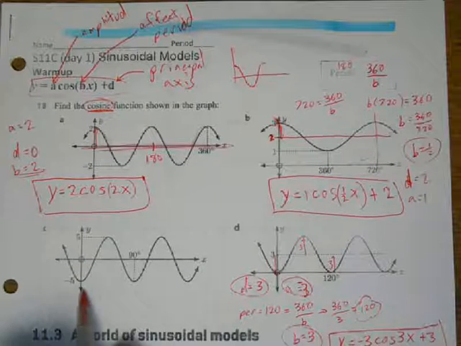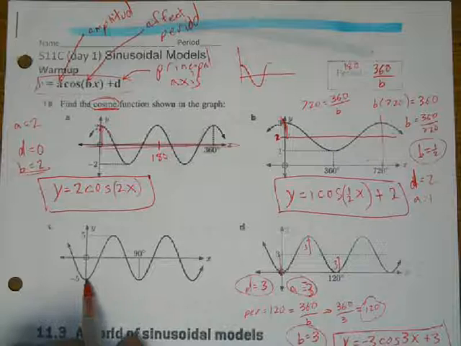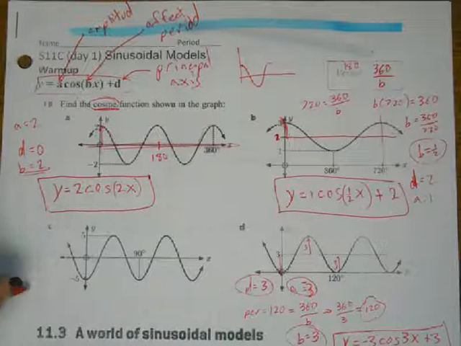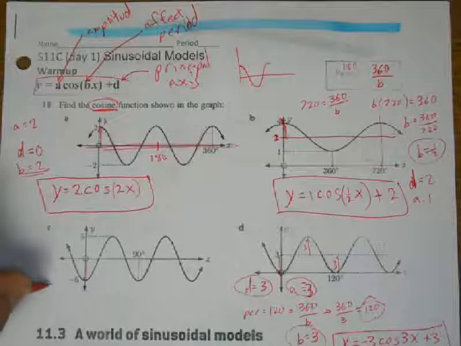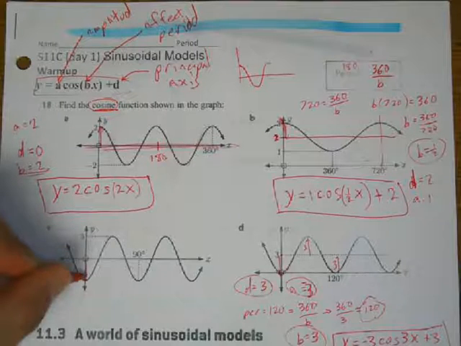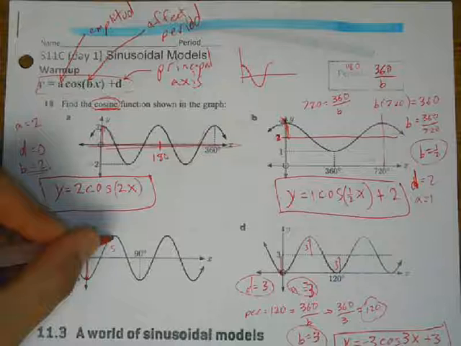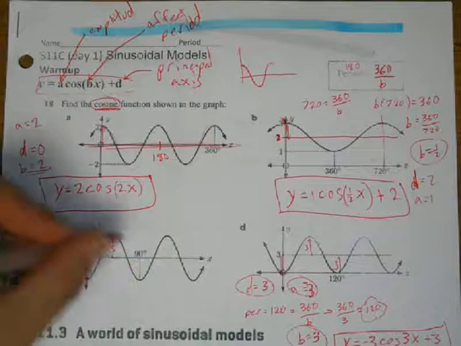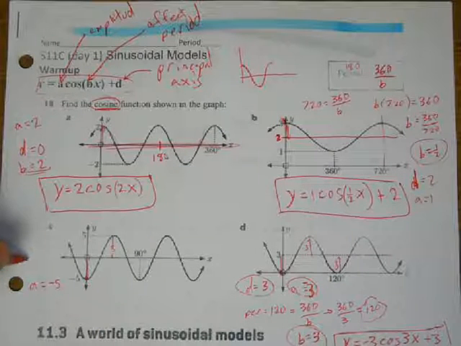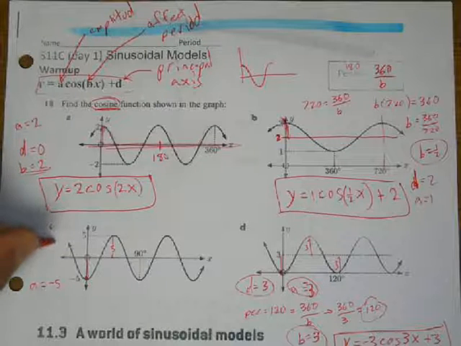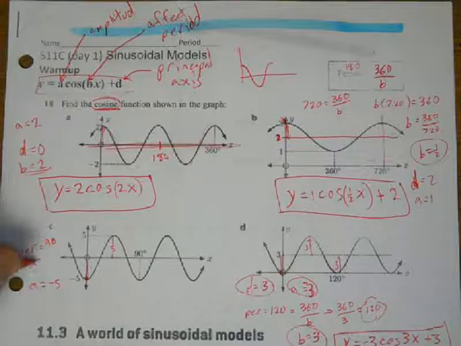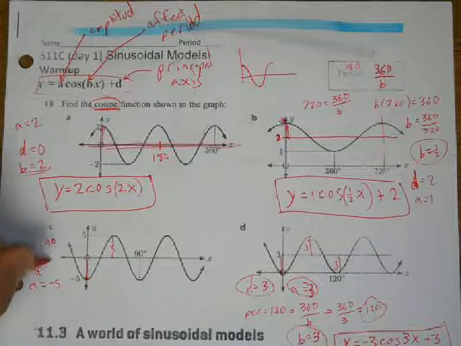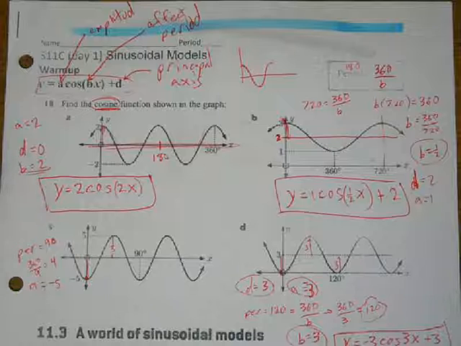Oh, we didn't do this one here yet. So once again, since it's starting down here, the amplitude is negative, -5, because it's starting here and goes down 5. And since it does a full cycle in 90, the period equals 90, and 360 divided by 90 gives us 4.